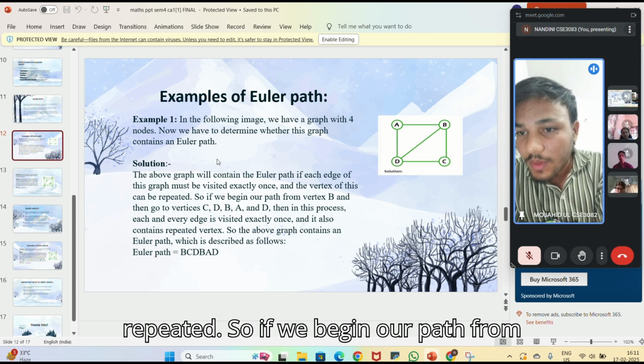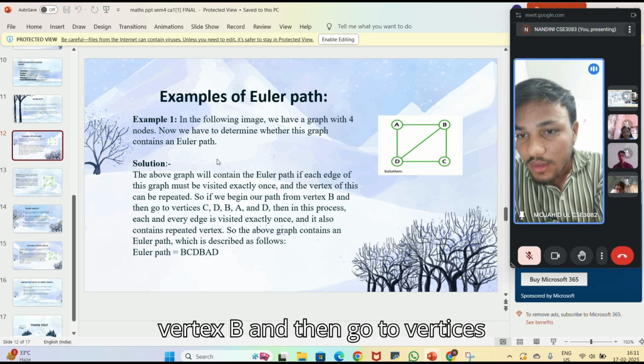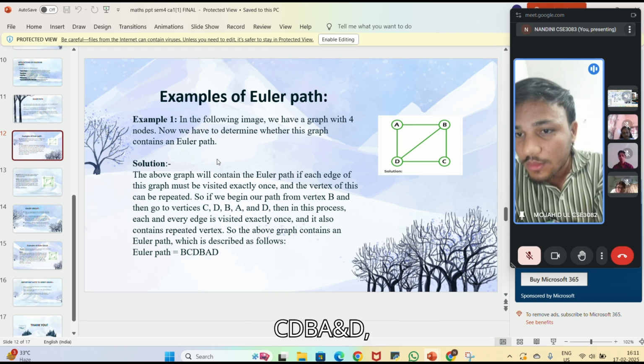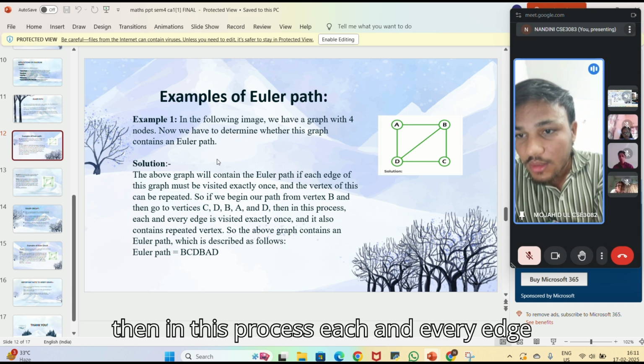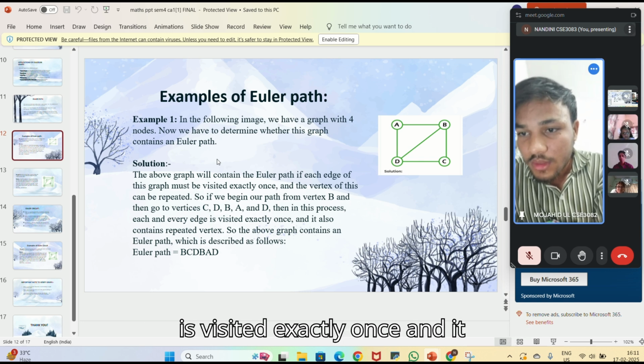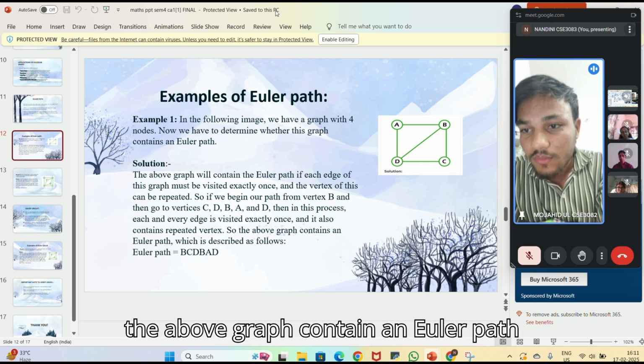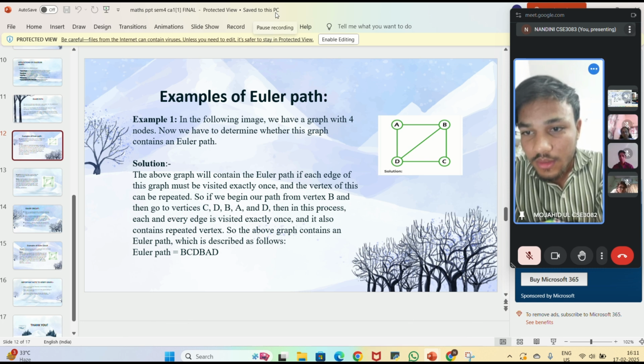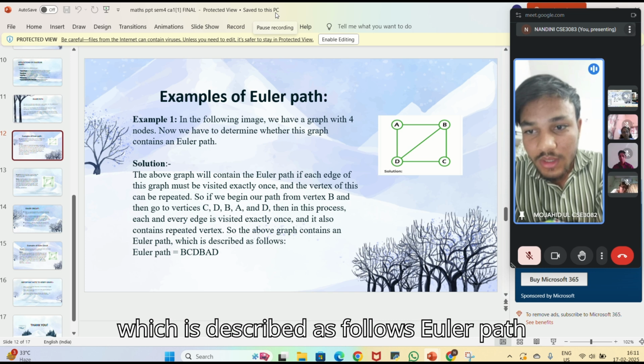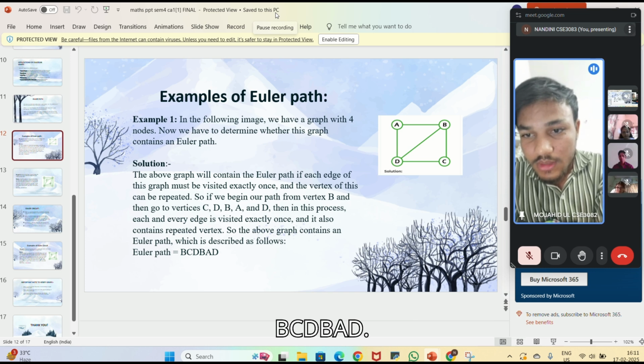So if we begin our path from vertex B and then go to vertices C, D, B, A and D, then in this process each and every edge is visited exactly once, and it also contains a repeated vertex. So the above graph contains an Euler path which is described as follows: Euler path B C D B A D.